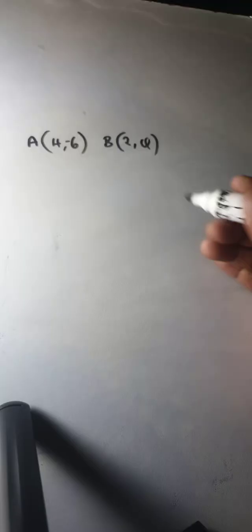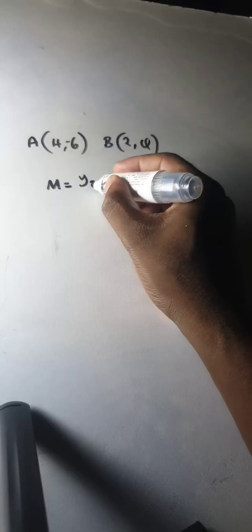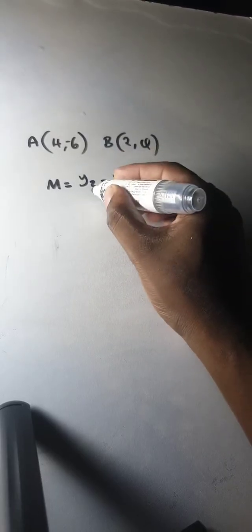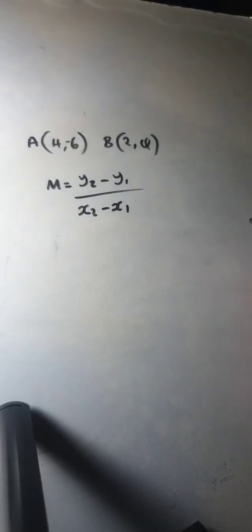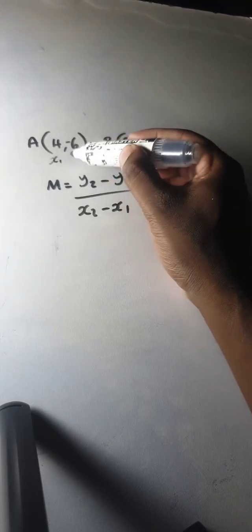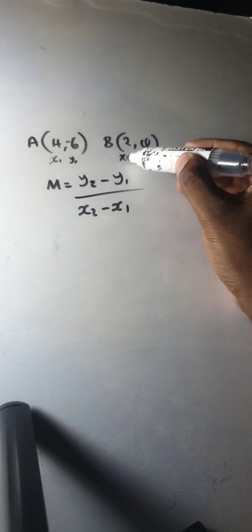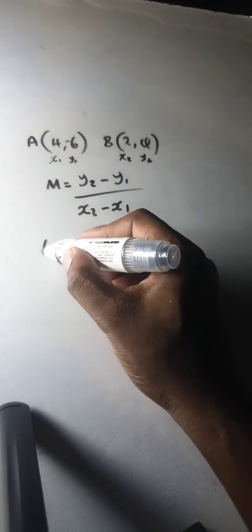Ladies and gentlemen, how do we find such? We use the formula for gradient, which is gradient is equal to y2 minus y1 over x2 minus x1. Then we can just label this x1, y1, x2, y2, so that we know when we are picking which one is our y2.